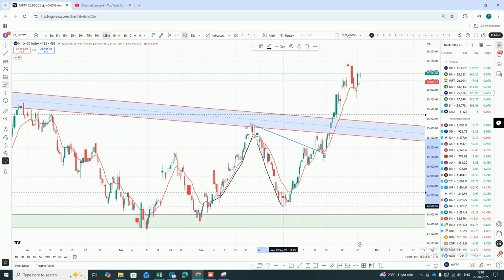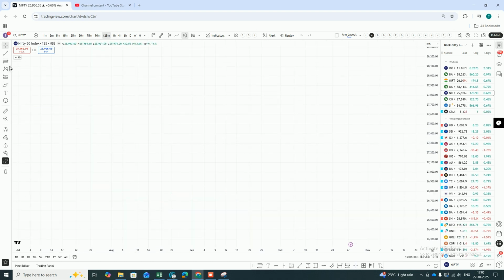Now let's see what conditions we have to follow to enter the buy trade. Here we will see our L1 buy and L2 buy. Let's assume this is our 10 EMA, coming like this. Here we see a green candle closed above the 10 EMA.